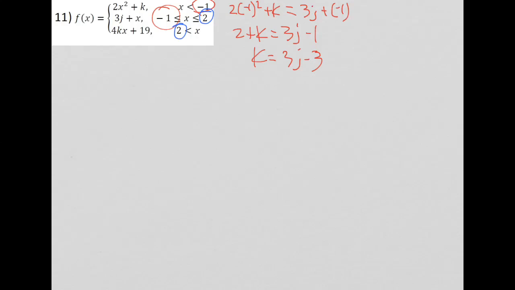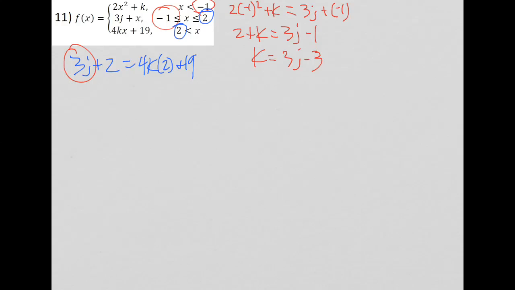Now let's do the same thing with my blue equations. So I'm going to get 3j plus 2 equals 4k times 2 plus 19. Let's simplify a little bit. Notice this. I'm actually going to change something over here. I am recognizing that I have a 3j right there.